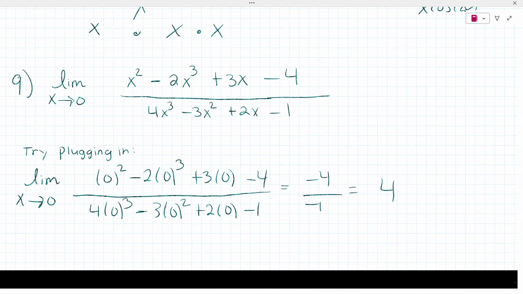So it works. You could have just plugged it in and it worked out fine. So that was an easy one.